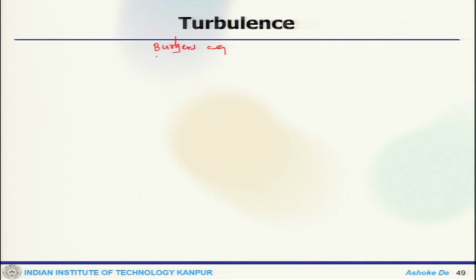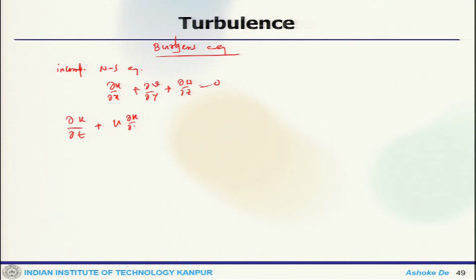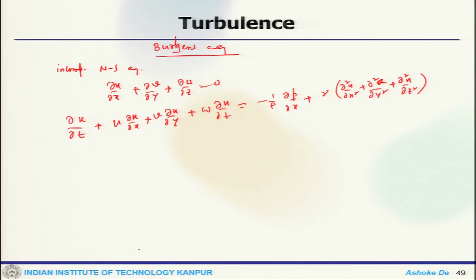Now, in the Cartesian coordinate system, if we write the incompressible Navier-Stokes equation, this would be the continuity equation and the x momentum equation, which is del u by del t, plus the convective terms, equals nu times del 2 u by del x 2 plus del 2 u by del y 2 plus del 2 u by del z 2, and similarly the other momentum equations.